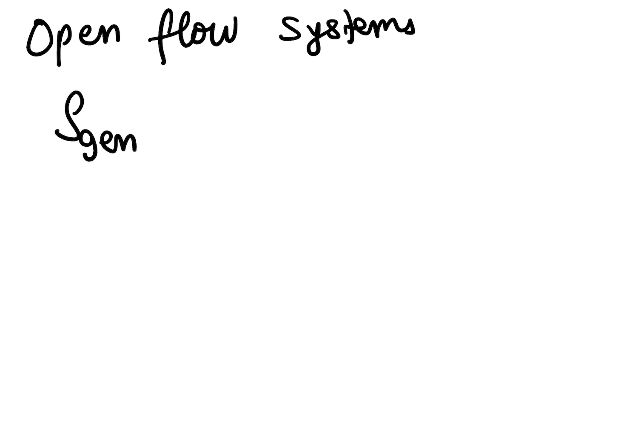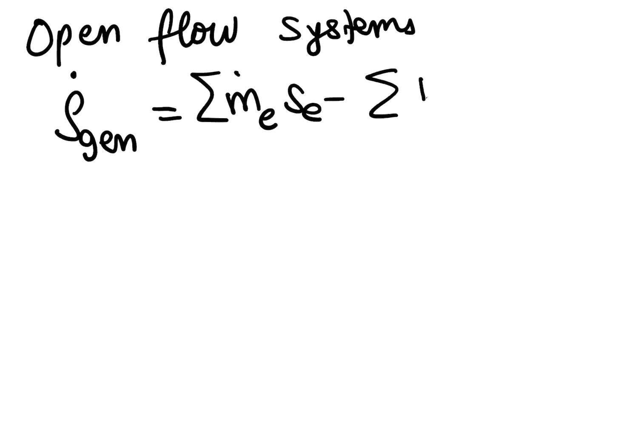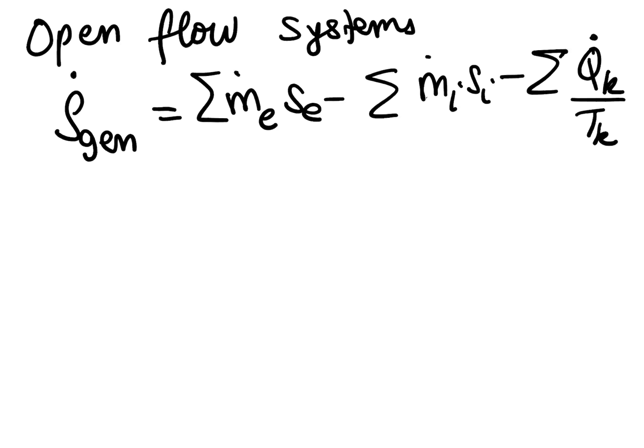For open flow systems, Sgen, the rate of entropy generation, is me dot times Se minus mi dot Si minus summation Qk dot over Tk. That is the equation we'll use for problems.